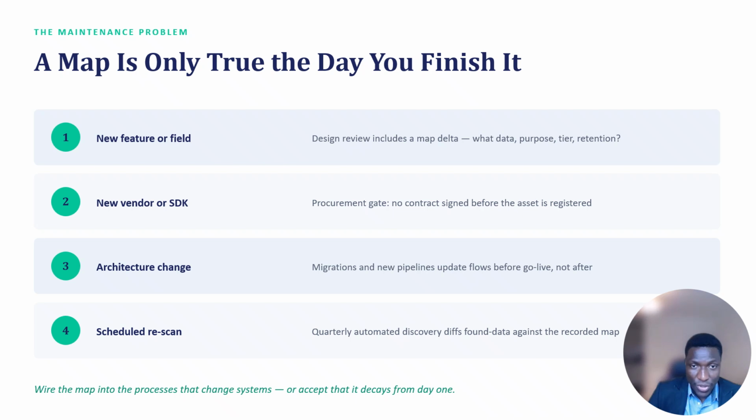Also, architectural changes should update flows before going live, not after. And most importantly, a quarterly automated rescan of the different systems that you hold is helpful in verifying and also finding what your maps may have missed.